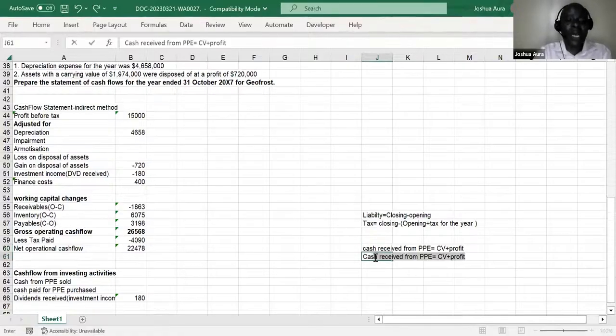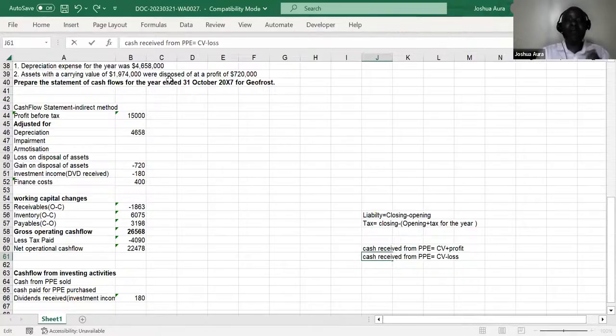If you want to know the cash you received from PPE, whenever there is a loss, you will take the carrying value, but this time round, you subtract the loss generated. So in short, please listen to me. We have sold some PPE.